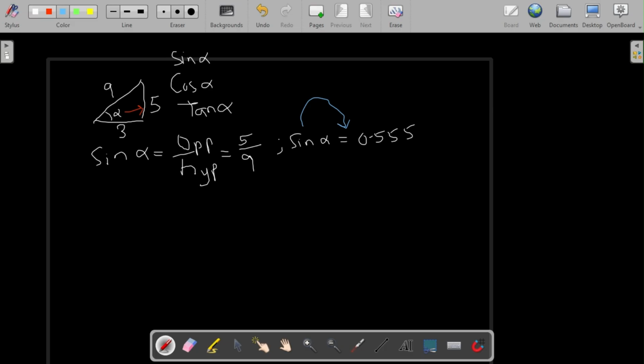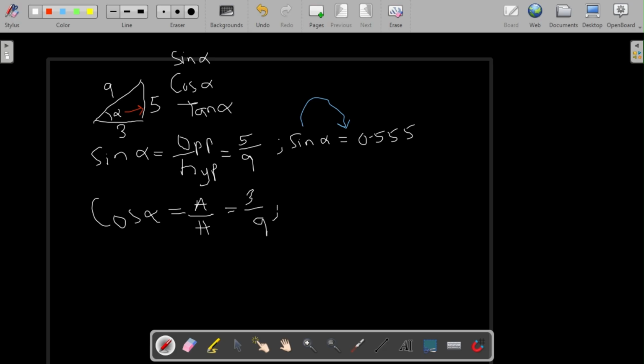What happens to cos alpha? Cos alpha equals adjacent over hypotenuse. According to that angle direction, your adjacent is 3. Hypotenuse is 9.